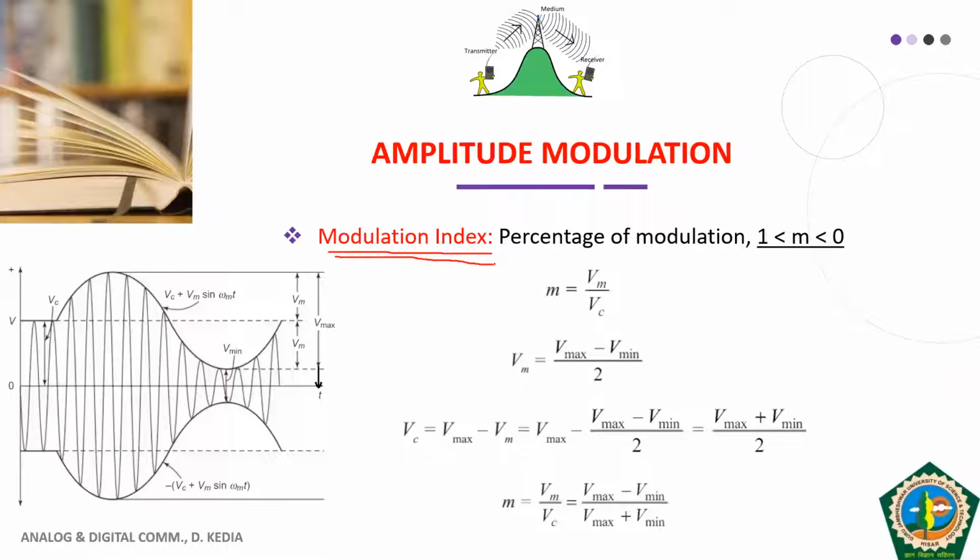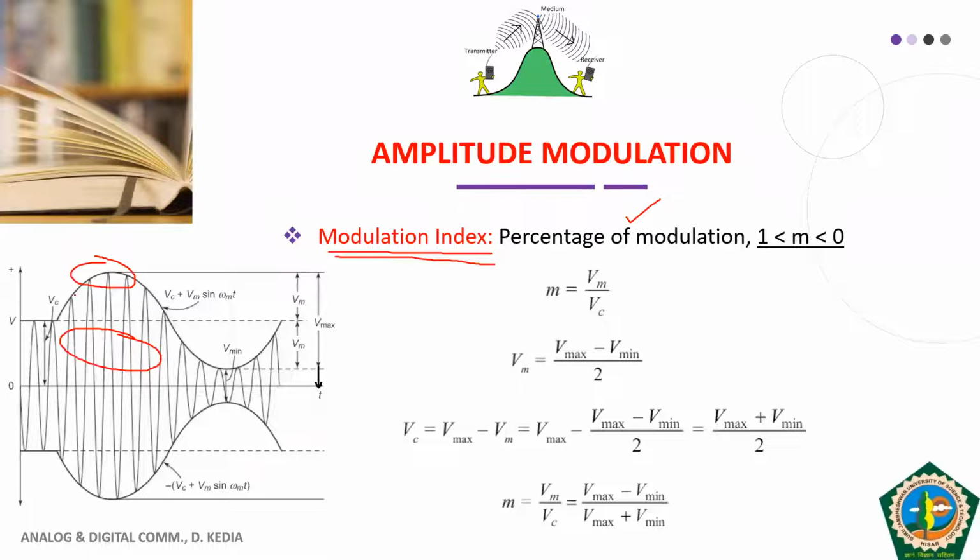What is the meaning of modulation index? Modulation index tells us about the percentage of modulation. Students, if you remember, I told you what happens in modulation. In modulation, we superimpose our information signal or modulating signal onto our carrier. You can see that this is our information signal and this is our carrier.